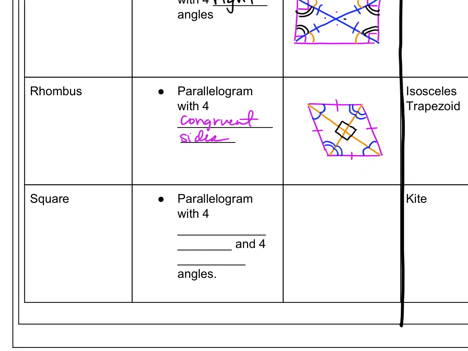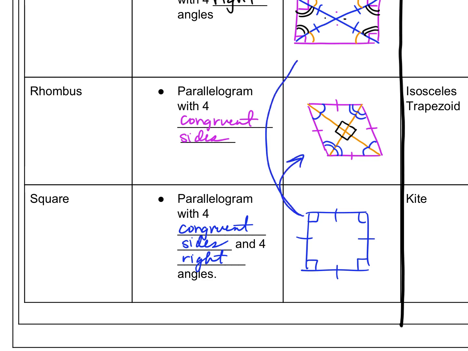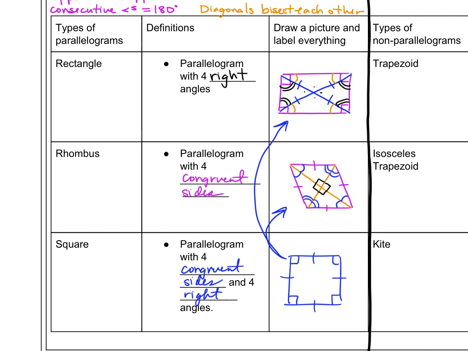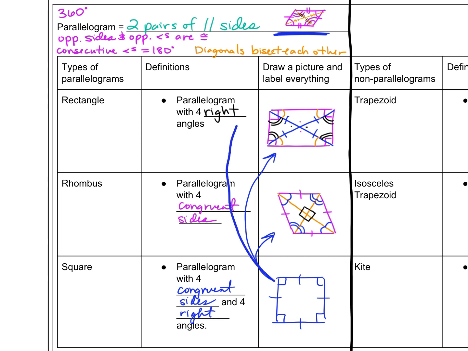That is four congruent sides and four right angles. And I'm not even going to draw all the things because all the things are already drawn for you. Right here and right here and right here. Okay, so a square is all of those things put together.